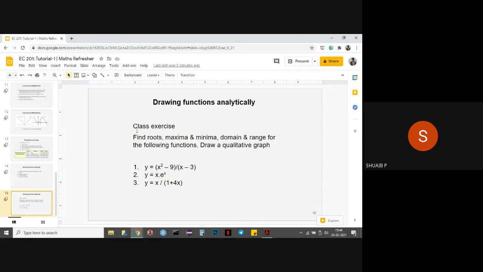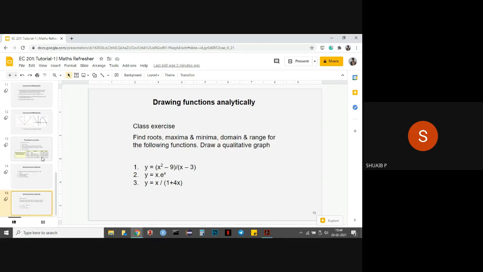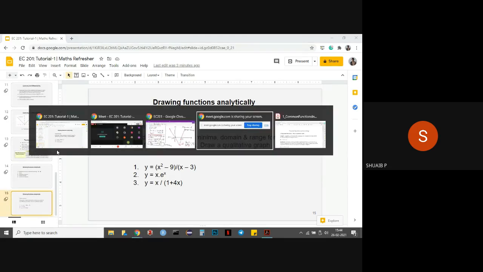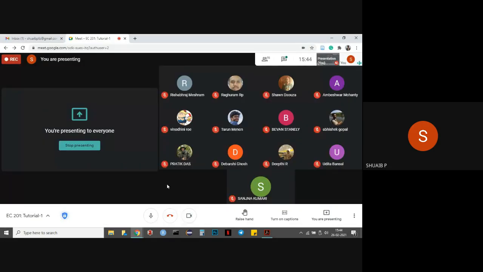So I will share this presentation, and people can work out these functions on their own, and maybe get back to me. And yeah, if people want to attend that session, maybe we can discuss now. What do others think?